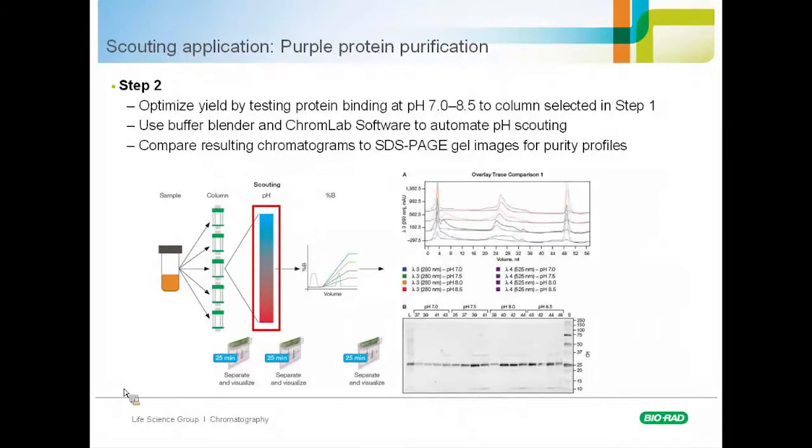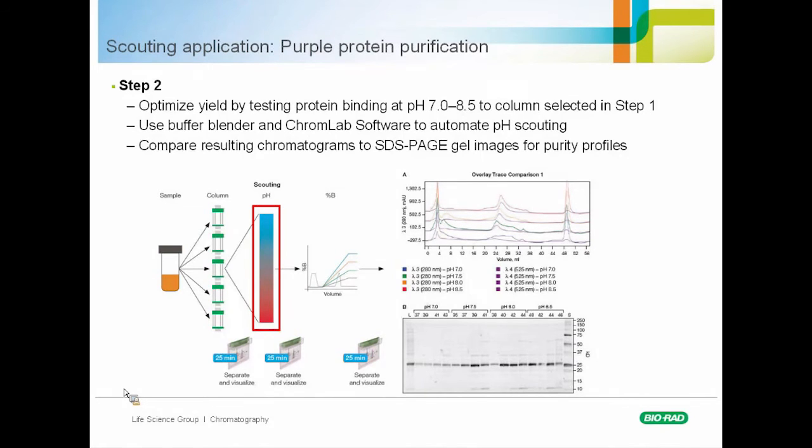Having completed the column selection, we then moved on to selecting the optimal binding and elution conditions for the protein. Again here we've got the one column, and in the chromatogram we can see we're looking at it over 4 different pHs ranging from pH 7 to pH 8.5, in 0.5 increments.